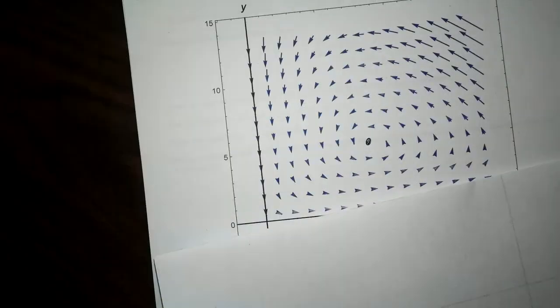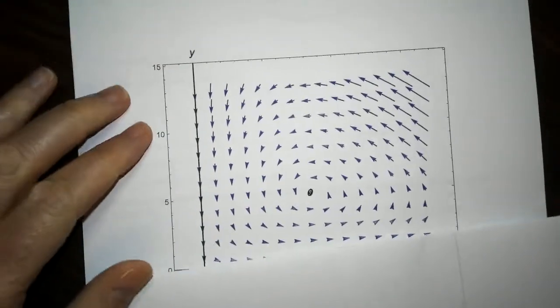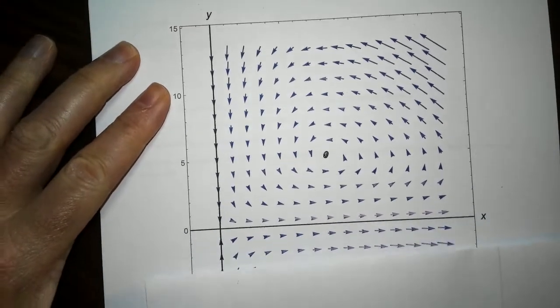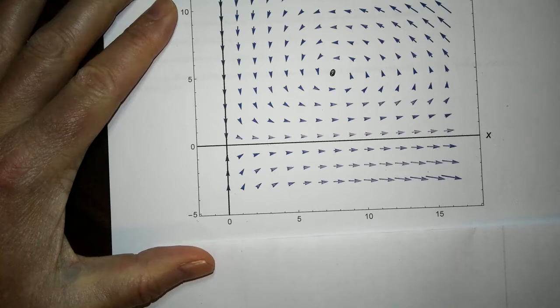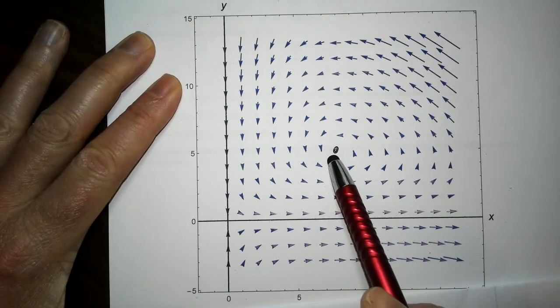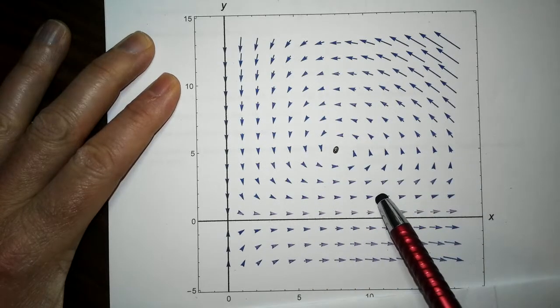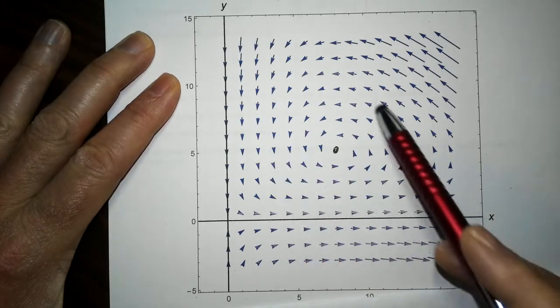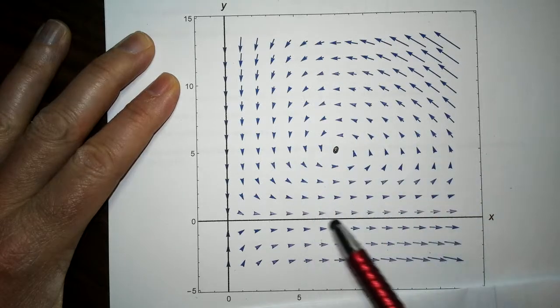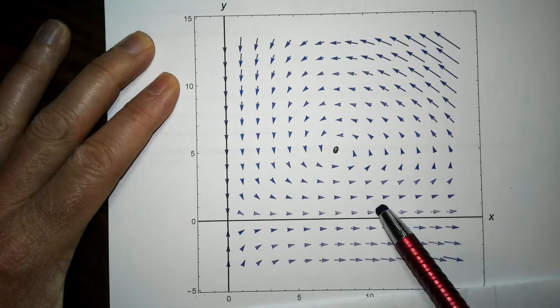So here are the consequences. Let's take a look around an equilibrium. One of the equilibria of the vector field was at the point 8, 5, which is right here. This is the vector field for the original nonlinear system. If we look at what's happening around it, it's almost like we have a closed loop, which is reminiscent of the idea of a center for a linear system.